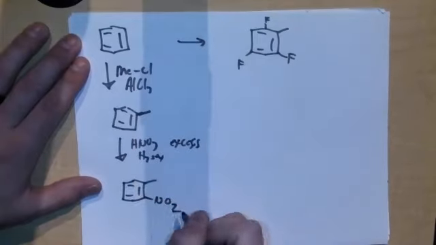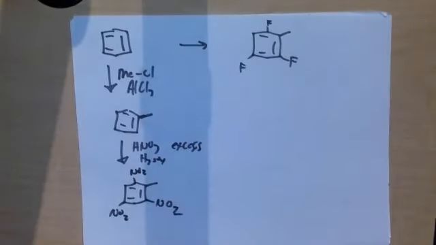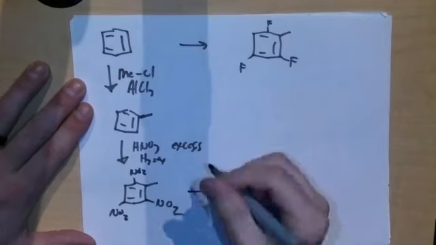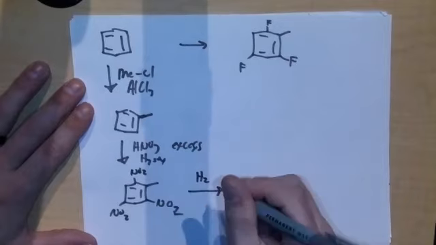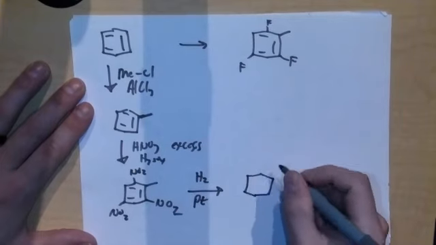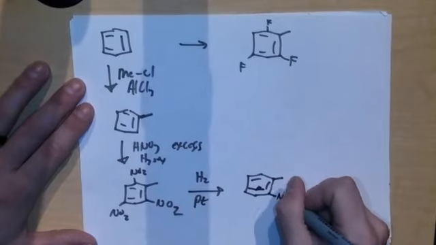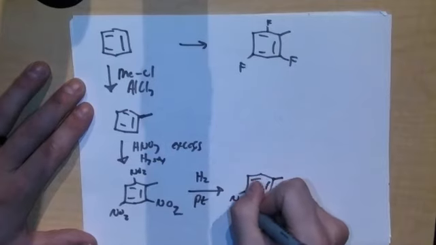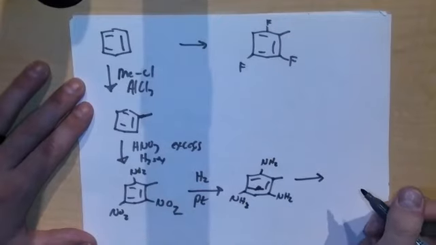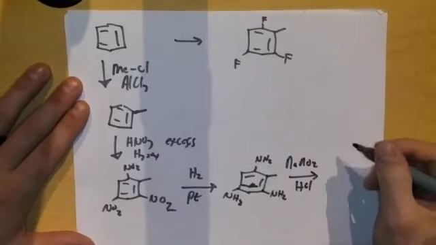this is an ortho-para director, so it's going to add NO2 to all of those positions. Then throwing in H2 and platinum will get me to my amines. I can throw in NaNO2 with HCl to make diazoniums.